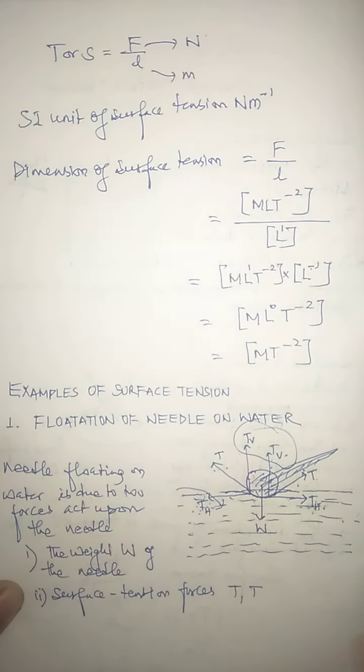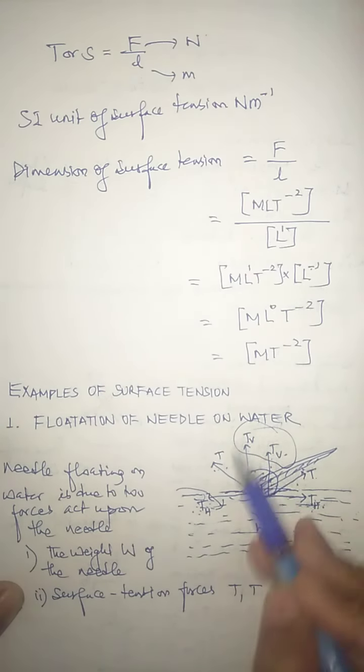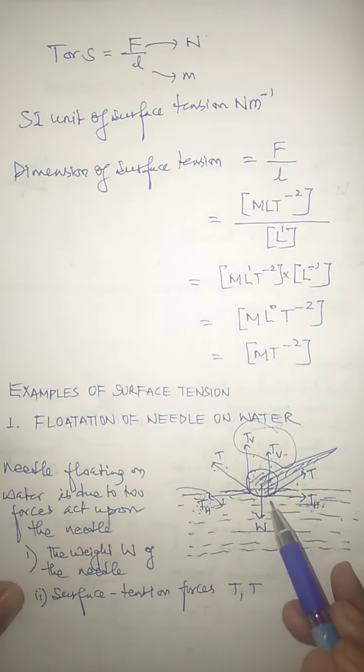The reason is that adding soap or oil to the water decreases the surface tension of water. So in this case, the weight of the needle will be more than the vertical component of surface tension acting on the needle.